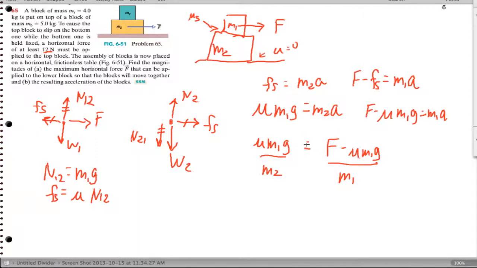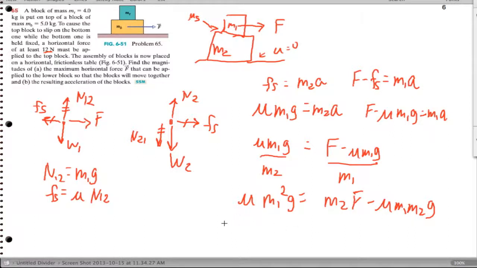By multiplying through, I'm going to end up getting mu times m1 squared g equals m2F minus mu m1 m2g. And I'll keep going here.